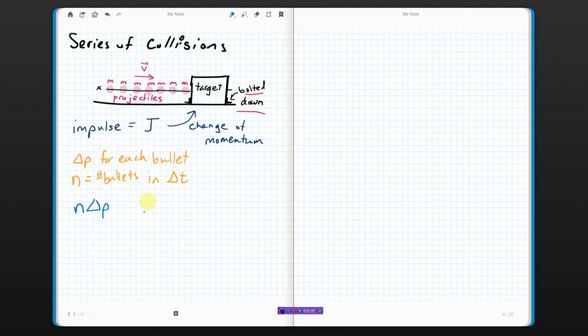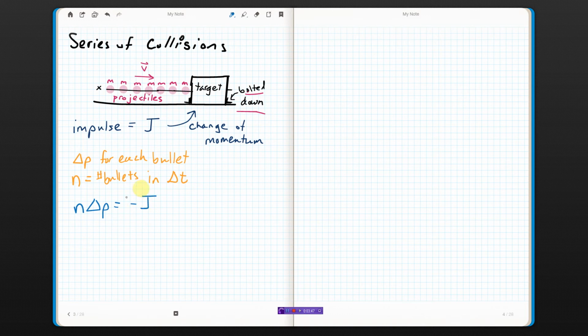Now that's the amount of change of the bullets. I want the change in momentum of the target. So the bullets were moving to the right and are probably going to stop or bounce to the left. Whatever they do, the target's going to do exactly the opposite. So I actually have to put a negative in here.